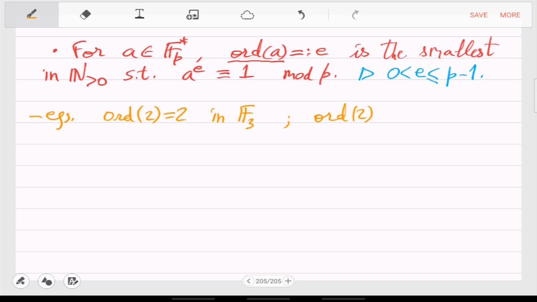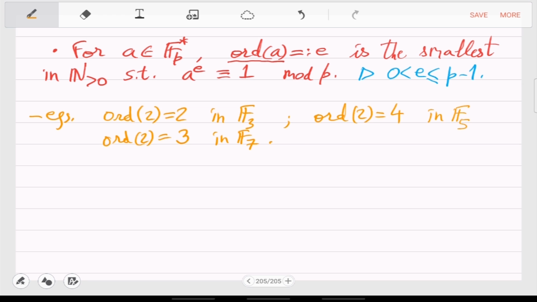What is the order of 2 in F5? That's 4. In F7? So 2, then 2 squared is 4, and then 2 cubed is 8, which is 1, right? So this is 3.